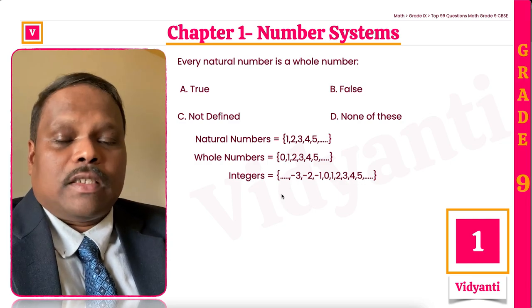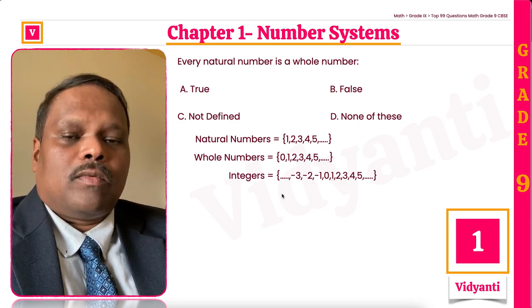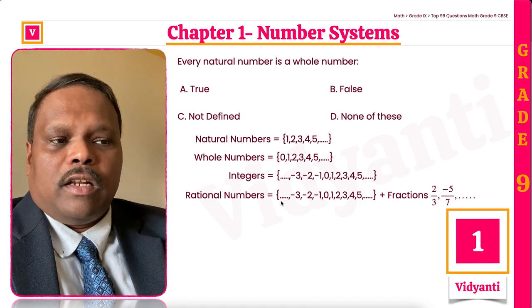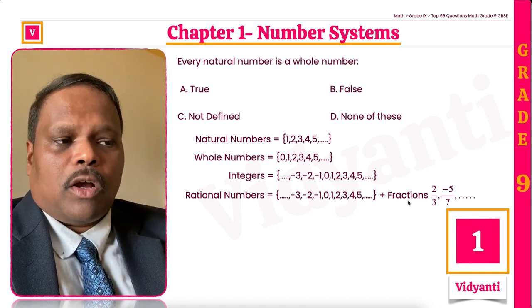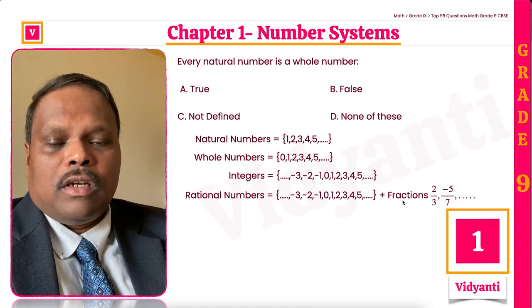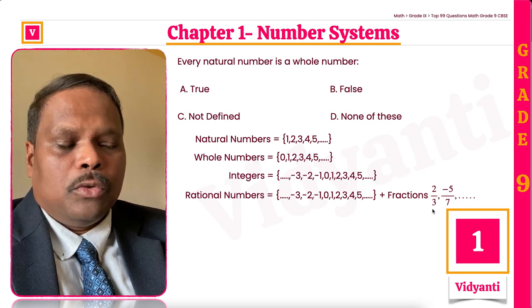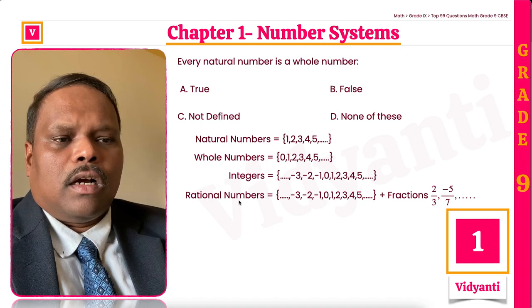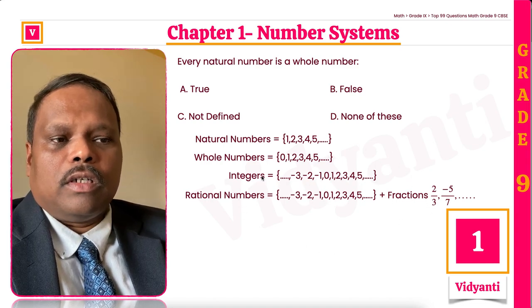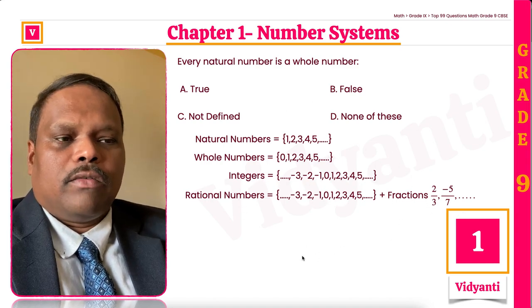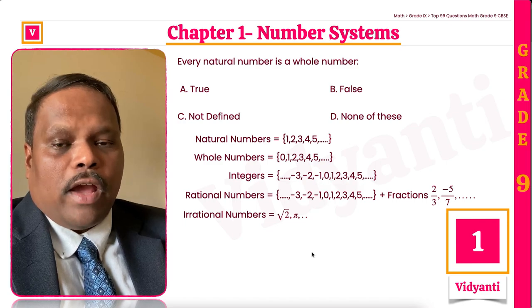Every previous set is actually a subset of the upcoming set. Rational numbers not only include integers, but on top of that we now have fractions. Fractions can be expressed in the form p divided by q, and rational numbers have integers plus fractions.